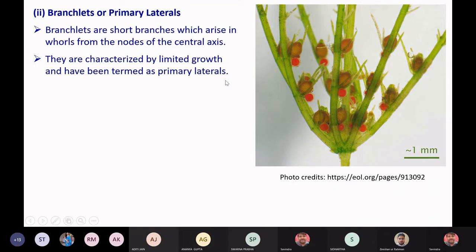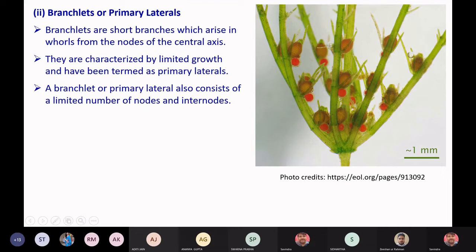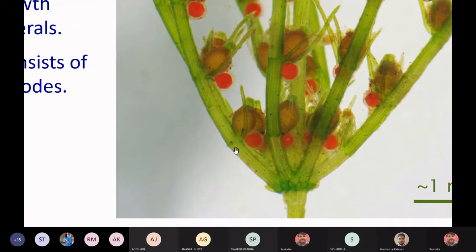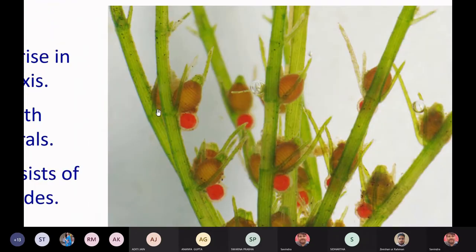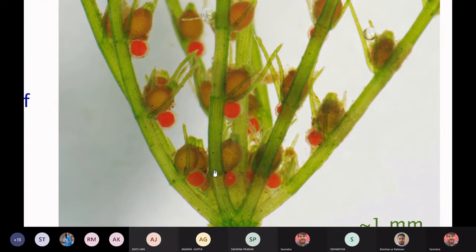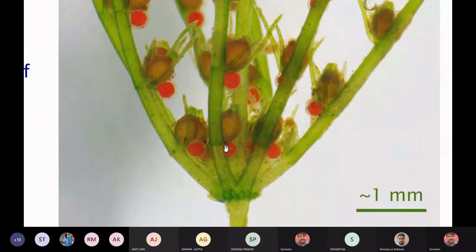They are characterized as I already told you. They are of limited growth because they have a limited number of nodes and internodes, unlike your main axis as well as the branch of unlimited growth, क्योंकि उनकी ग्रोथ की कोई लिमिट नहीं होती, whereas you will find a definite number of nodes and internodes in a branch of limited growth. आप इसको भी अगर ध्यान से देखेंगे, this is node, this is node, this is node, this is node, this is one node.